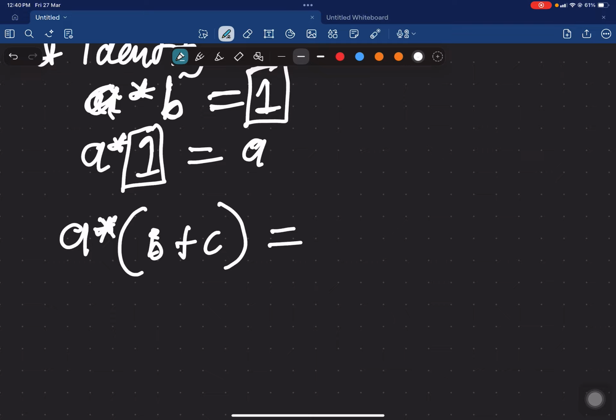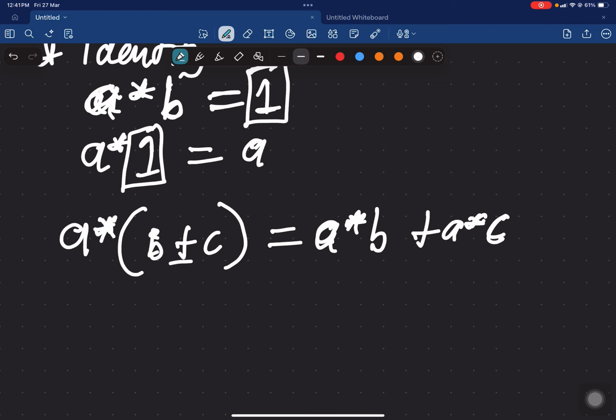What we are doing is employing the distributive property of multiplication over addition. It means we can distribute this multiplication over the addition happening in the brackets. So we are going to result in a times b plus a times c. This is simply what we call the distributive property of multiplication over addition.